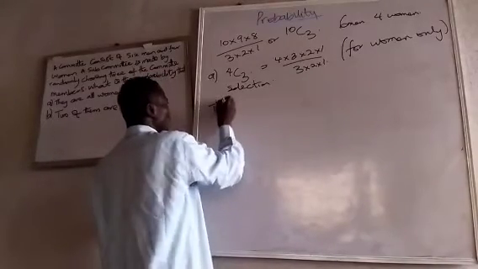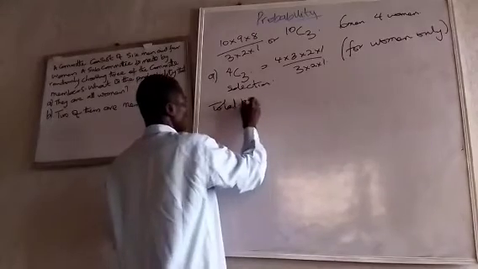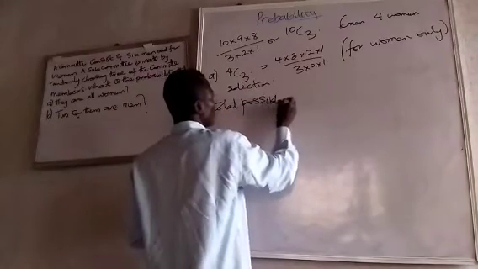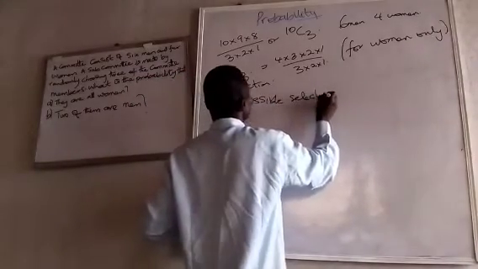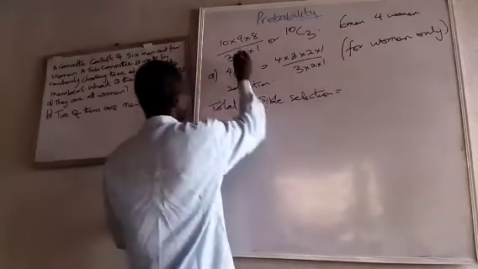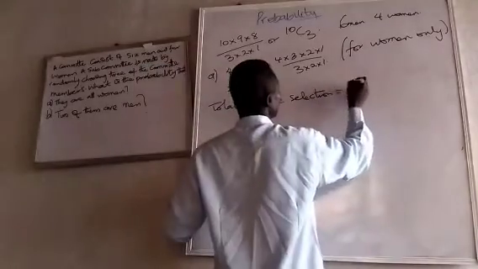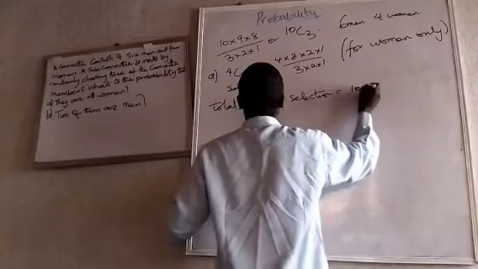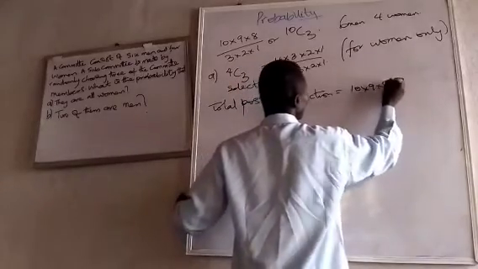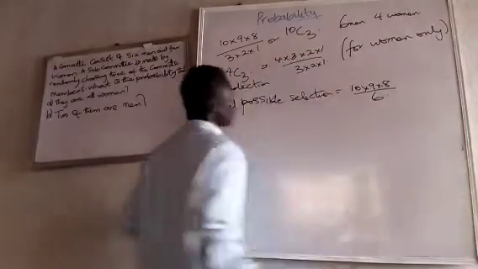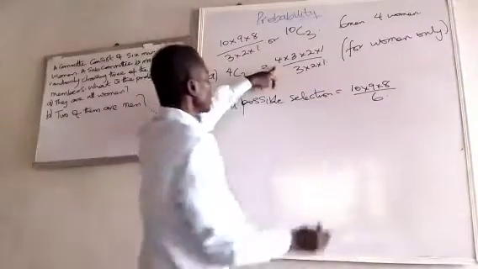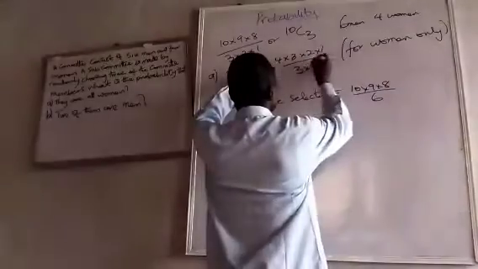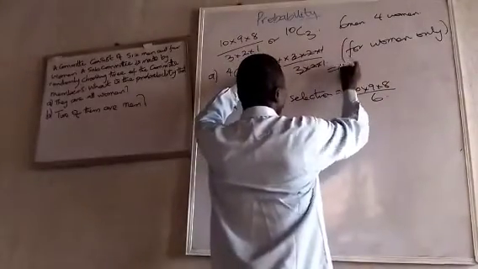Now the total possible selection is going to be 10 times 9 times 8 over 6. You can see. And for this one, it's going to be 4.